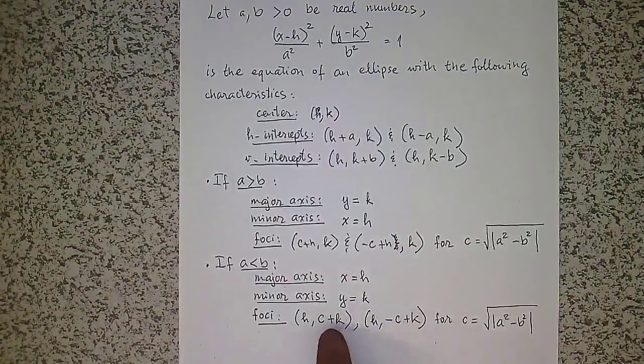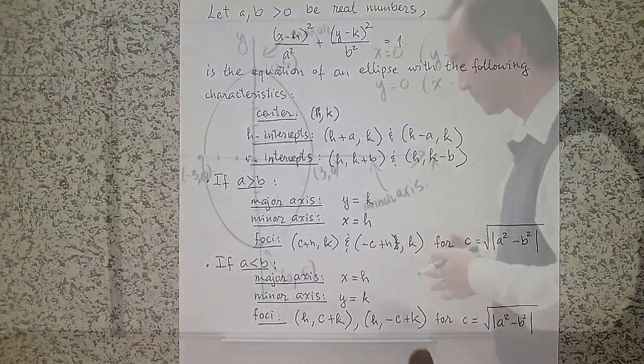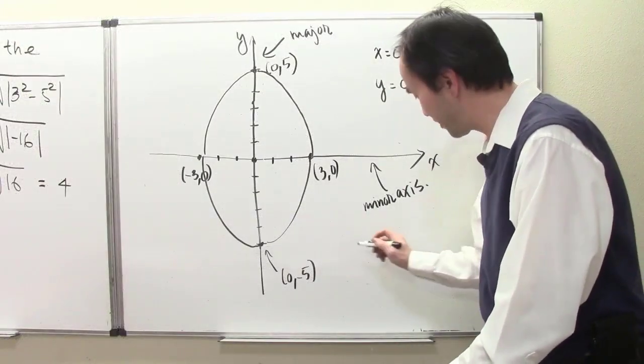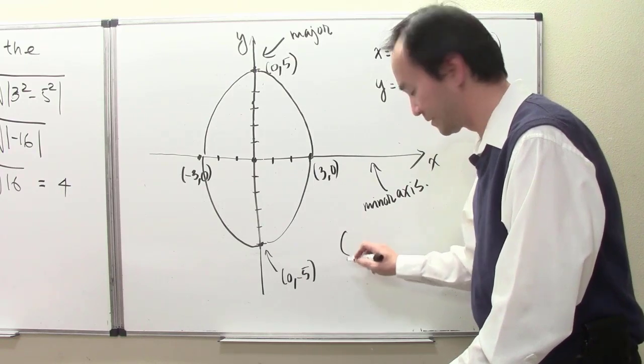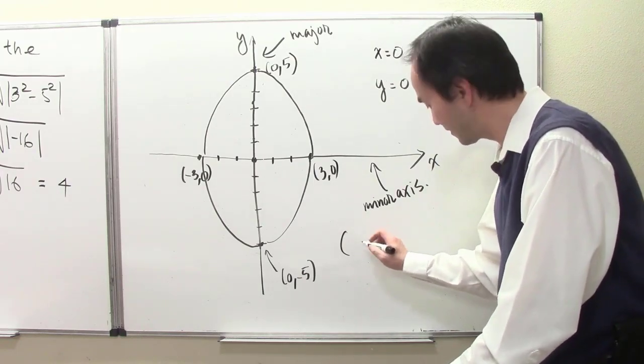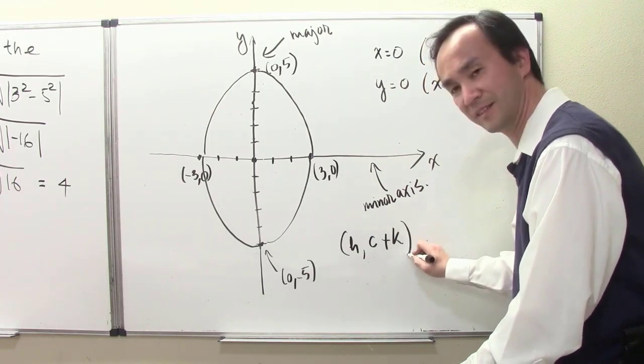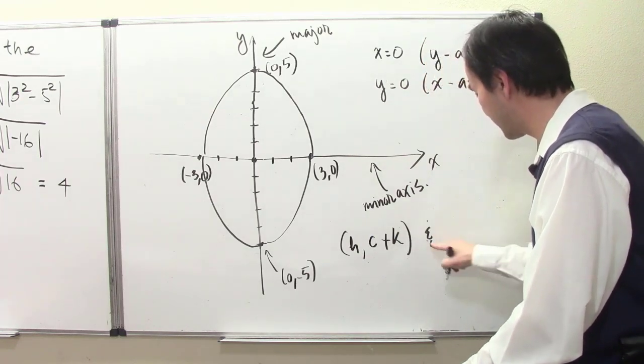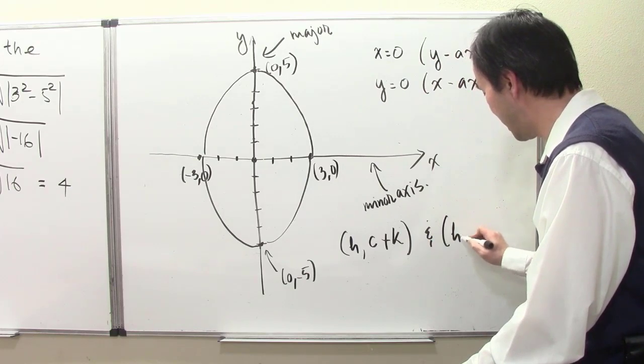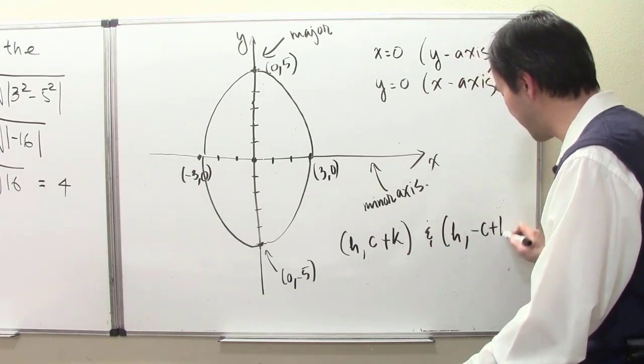And we have just now calculated the value for c. So these are our foci: (h, c + k), and the other point, (h, −c + k).